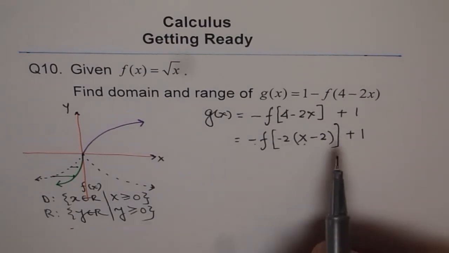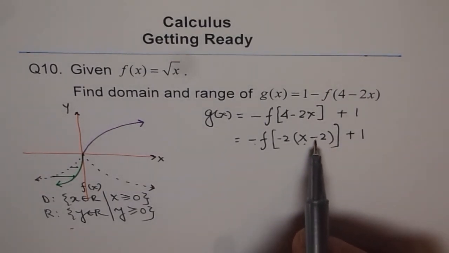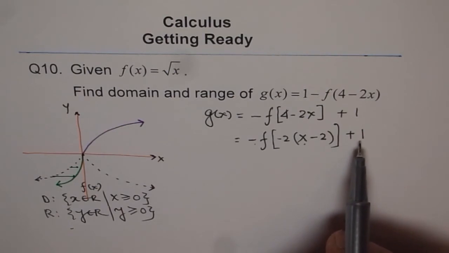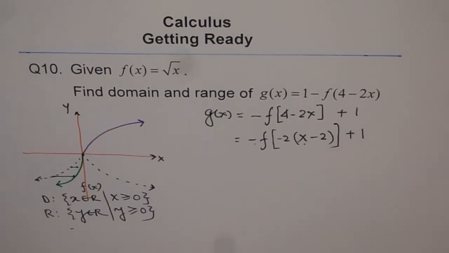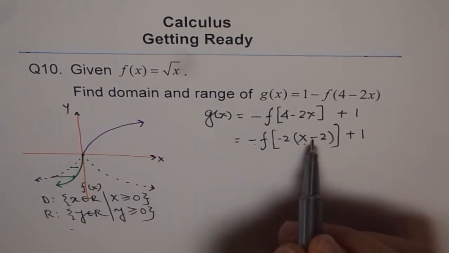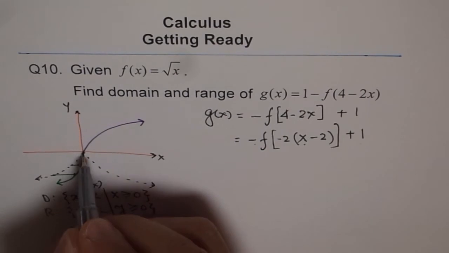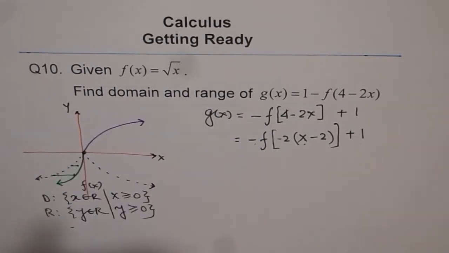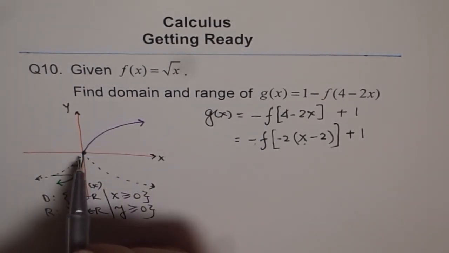But we have two translations. One is 2 units to the right and 1 unit up. So let's do that translation now and complete this transformation. So 2 units right and 1 unit up. This point, which is at the origin, changes to 2 units right.